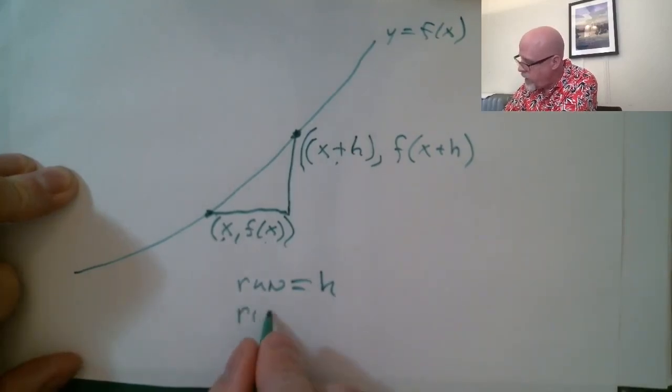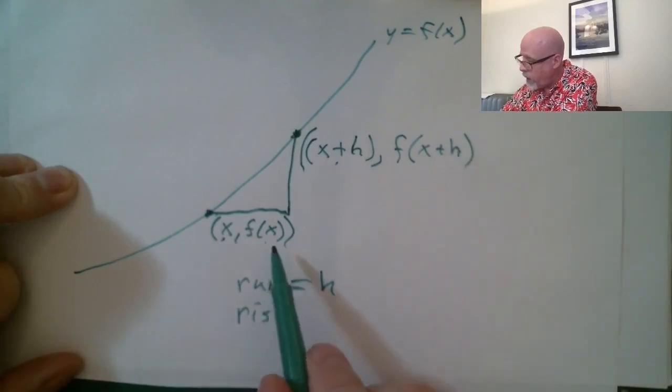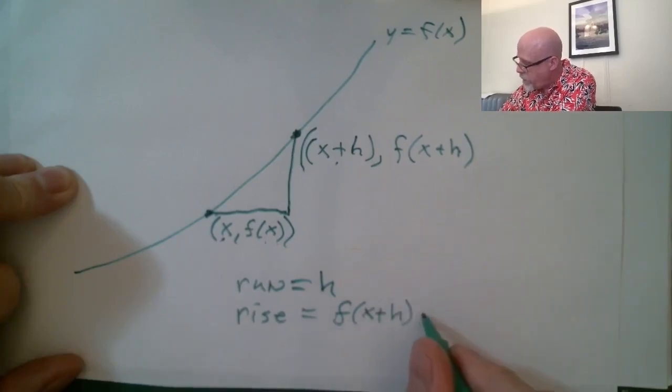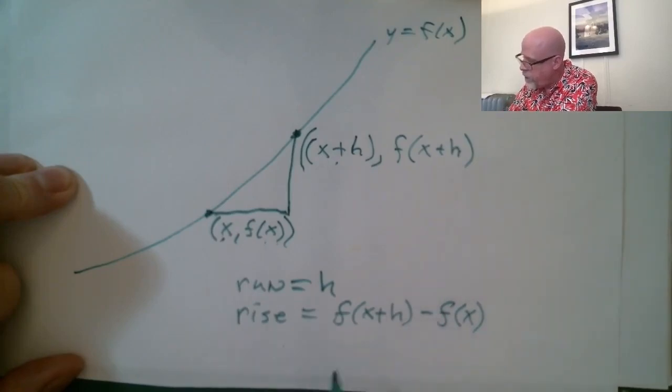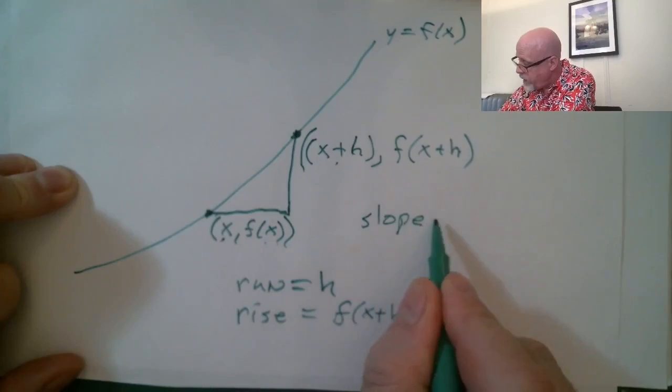What is the rise? For that you need to subtract. You need the difference in the y-coordinates. And so that's going to be f at x plus h minus f at x. That's our rise. So the slope is just the fraction you get out of those 2 things.